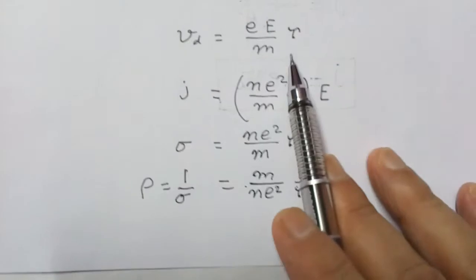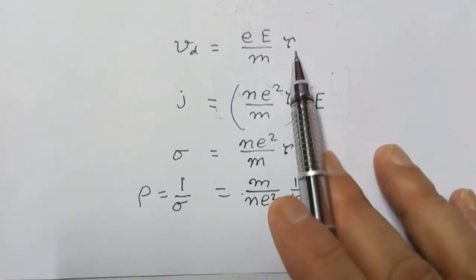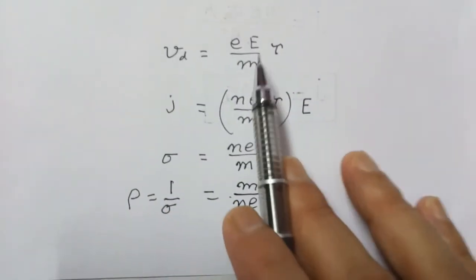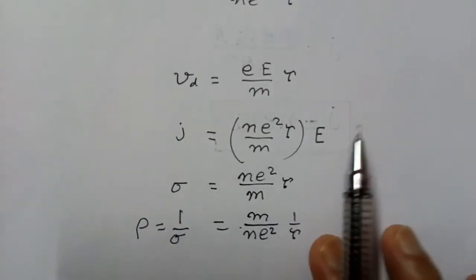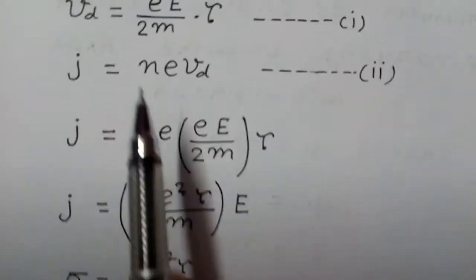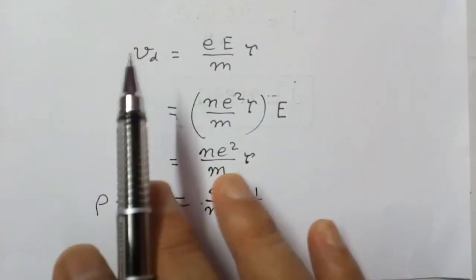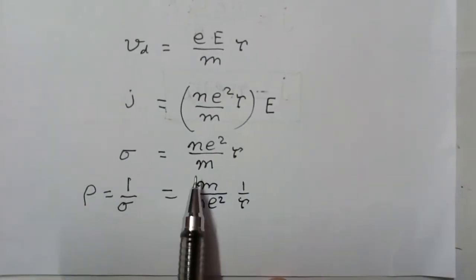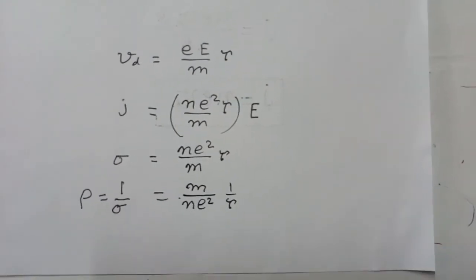Now in some books Vd is given by small e into capital E upon m into tau. So if you write it in this form, then there is no half factor. But in my previous video I explained why there should be this factor half. But if in your book this is given like this, then the only difference is that there is no half factor, but in my opinion there should be the factor half.